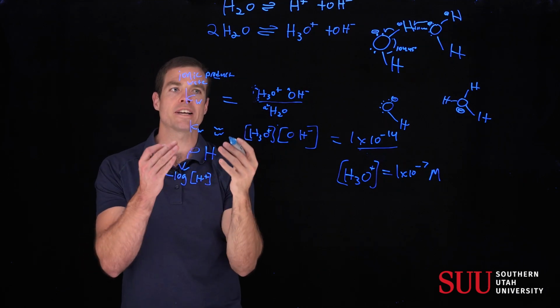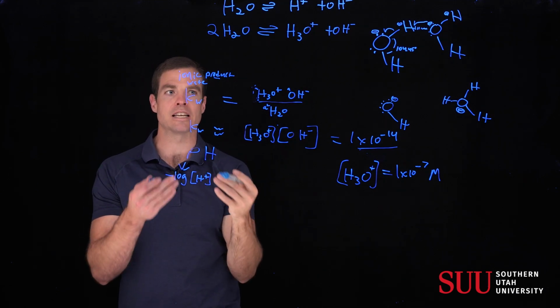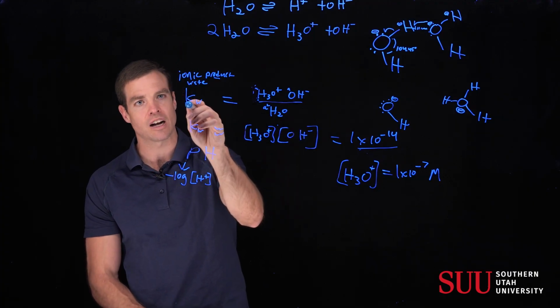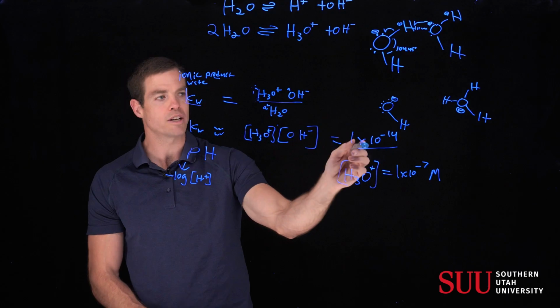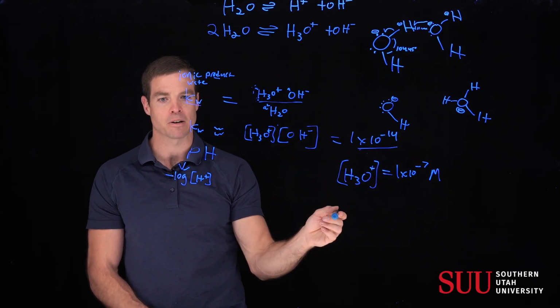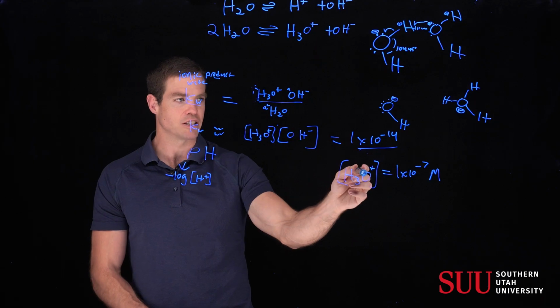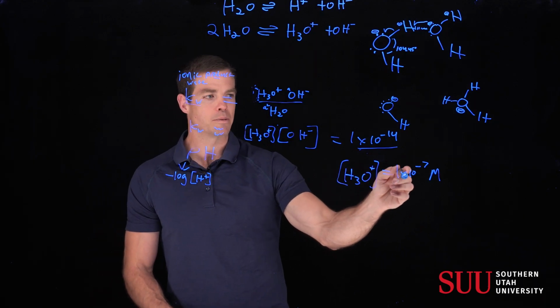Well, we can now calculate what the pH is in pure water, right? Because we know what the Kw is. We know this constant right here. It's 1 times 10 to the negative 14. And therefore, we know that the hydronium ion concentration in moles is 1 times 10 to the negative 7.